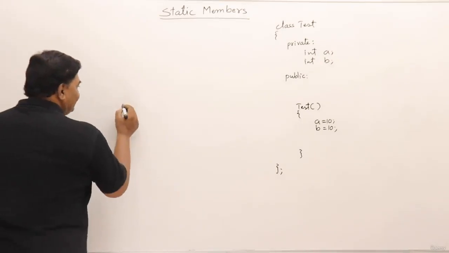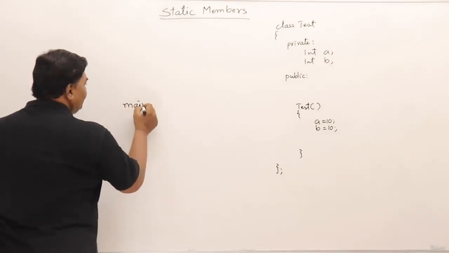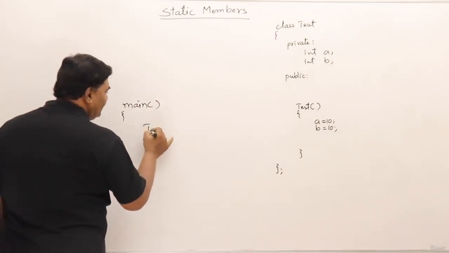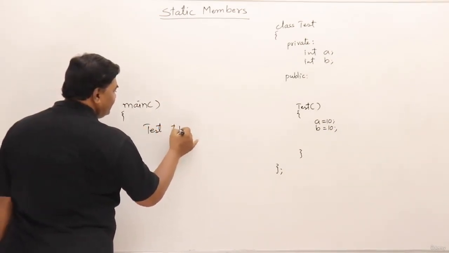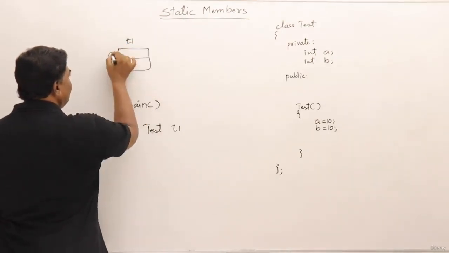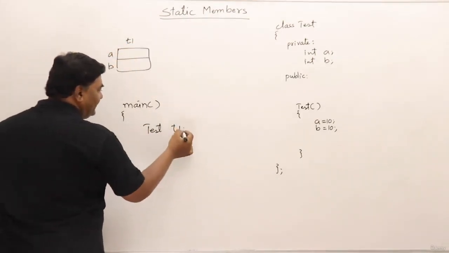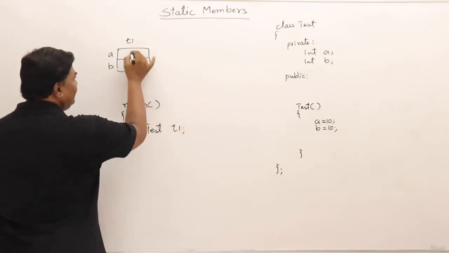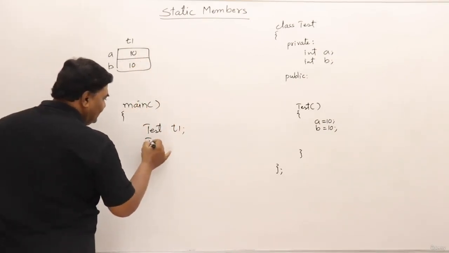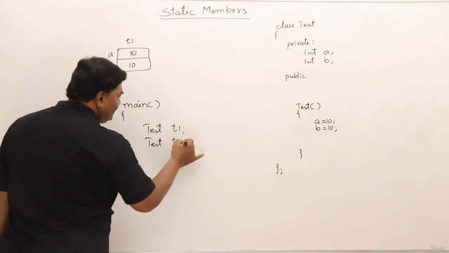Now, inside the main function, let me create the objects of Test. If I create an object of Test, T1, then T1 will have A and B. When I create an object, a constructor is called and this will initialize A and B as 10 and 10. I'll create one more object, Test T2.